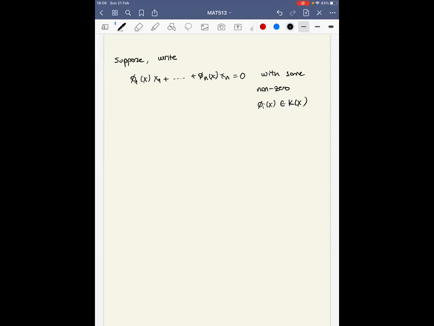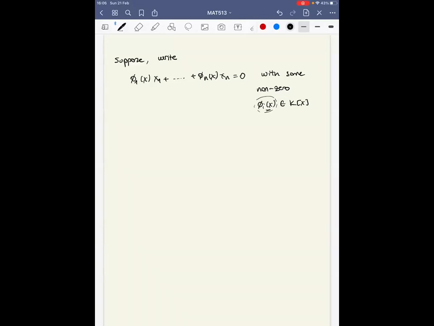And without loss of generality, we may suppose that these coefficients are polynomials, because otherwise, if we have fractions, we can make the denominators equal and rewrite this equation with polynomial coefficients.